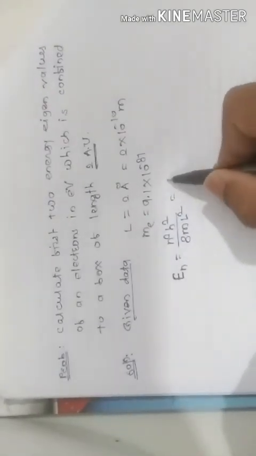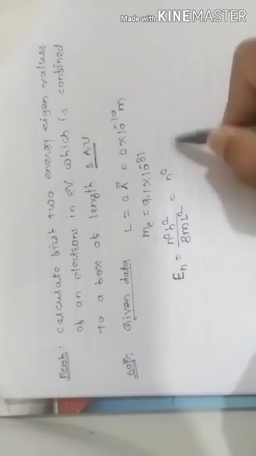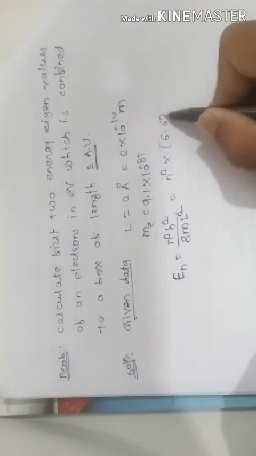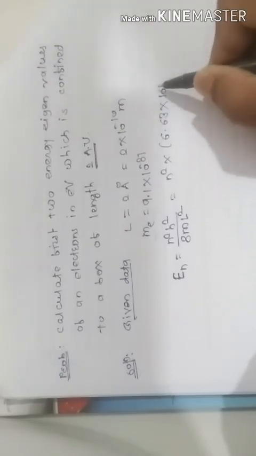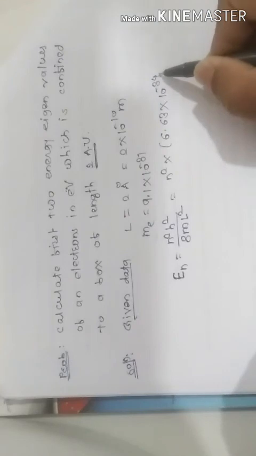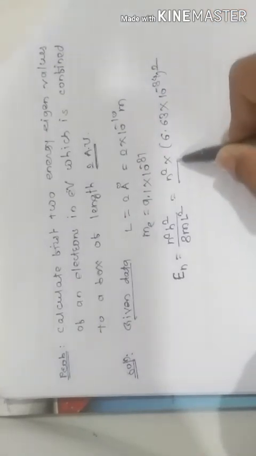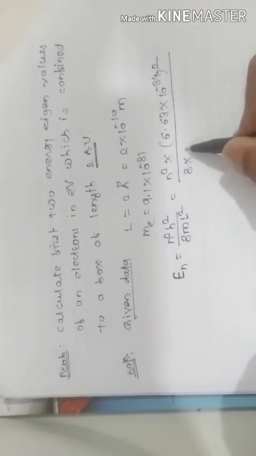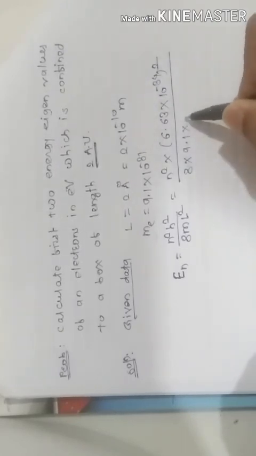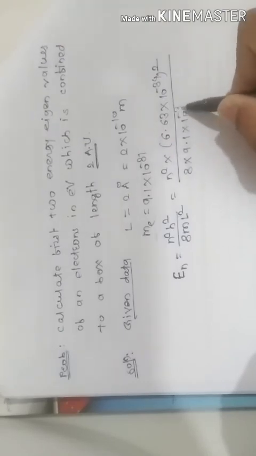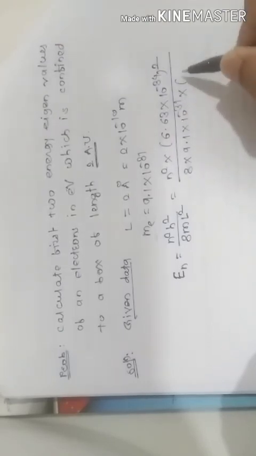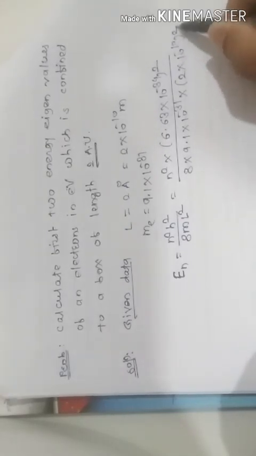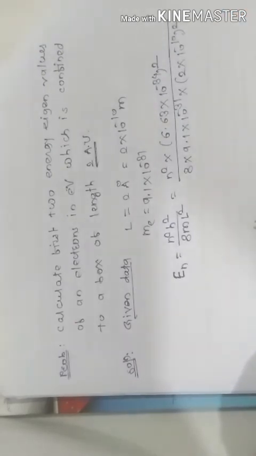Substitute these values, keeping n as it is. Planck's constant is 6.63 into 10 to the power minus 34, squared, divided by 8 times the mass of electron 9.1 into 10 raised to minus 31, and the box length is given as 2 angstrom units, squared.